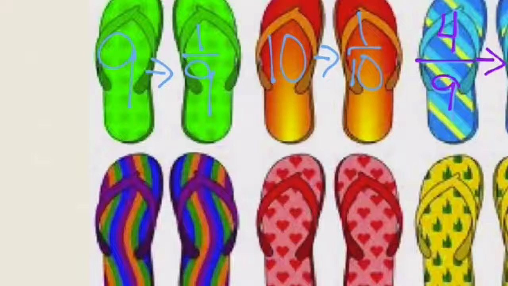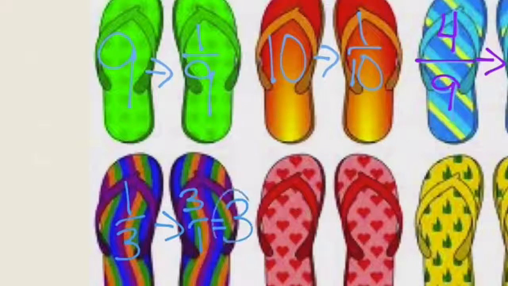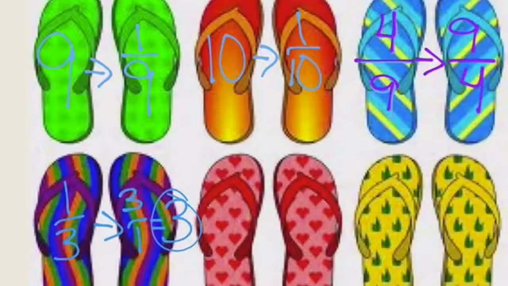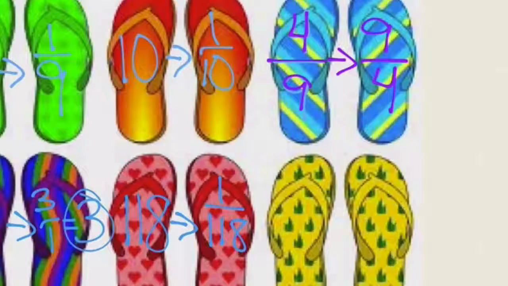Okay, a couple more. Let's say you were given the fraction 1/3. Reciprocal would be 3 over 1, which simplifies to 3. You were given the number 118. The reciprocal would be 1/118th. So even if big numbers scare you, they work the same way.